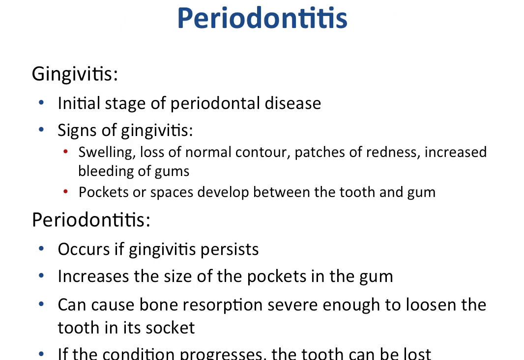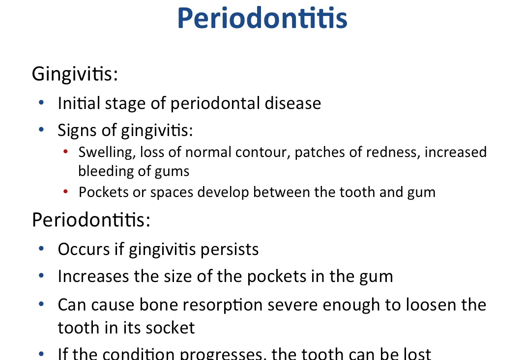The first stage is gingivitis, the initial stage of periodontal disease. The symptoms are swelling, loss of the gums, patches of redness, bleeding of the gums, and increased spaces and pockets between the teeth.